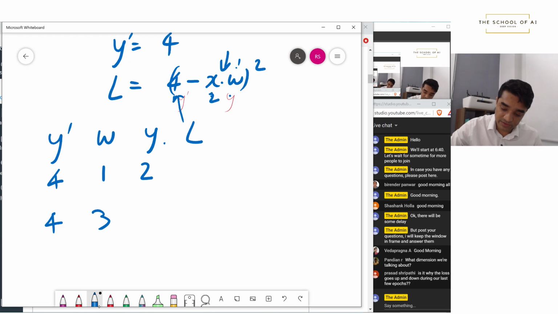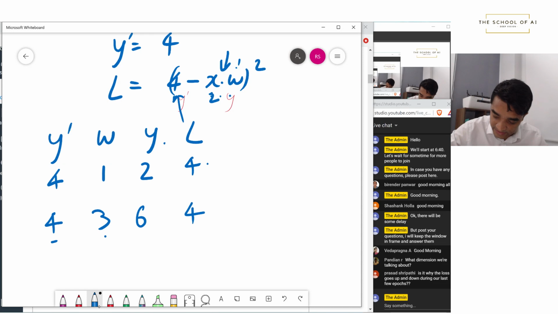So this is 4, this is 2, 4 minus 2 is 2, 2 square is 4. Okay, this time we are at 4, this is constant. Our w is 3, which means 4 minus 2 into 3, 6. 4 minus 6 is minus 2, and minus 2 whole square is 4, right? You're going to see that we will not be able to come out from this.